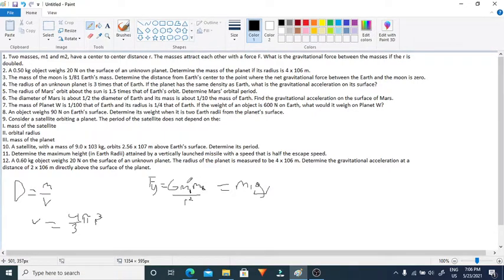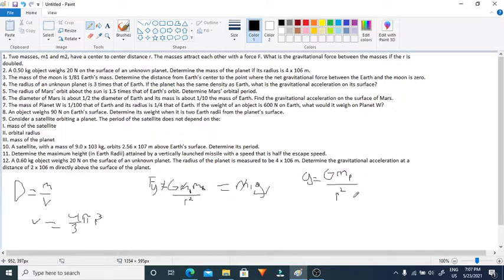So we can actually cancel out these m's, and this will no longer be an equal equation, but don't worry about that. So that means that g, the gravitational acceleration of Earth in this case because of me, but of any planet, is going to equal the gravitational constant times the mass of the planet. So I'll just change that to mp over r squared, and r is the distance from the center of the Earth, or the center of the planet, to its surface.